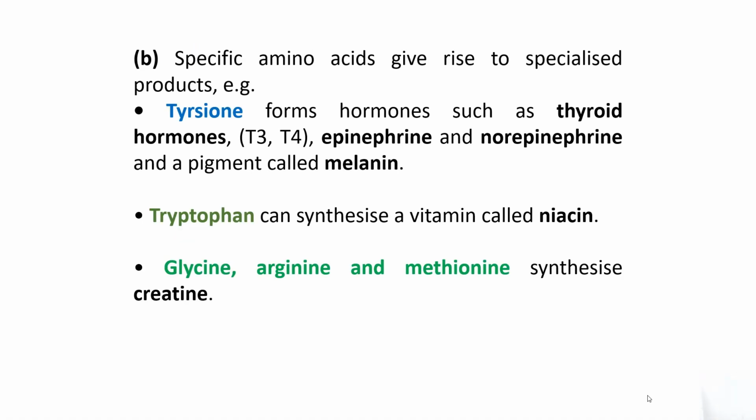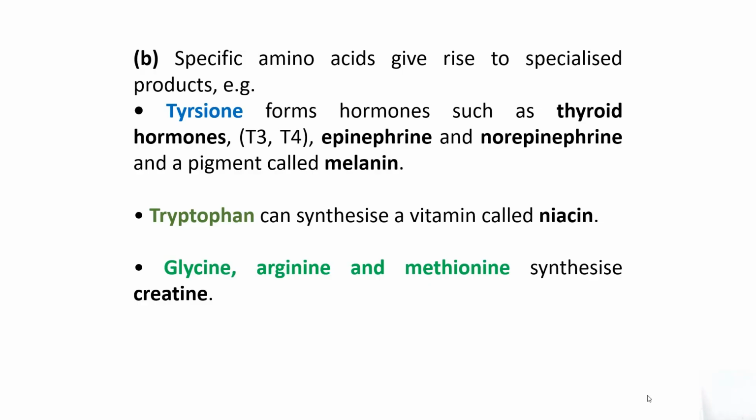Specific amino acids give rise to specialized products like tyrosine, tryptophan, which forms hormones such as thyroid hormones, epinephrine and norepinephrine, and a pigment called melanin.